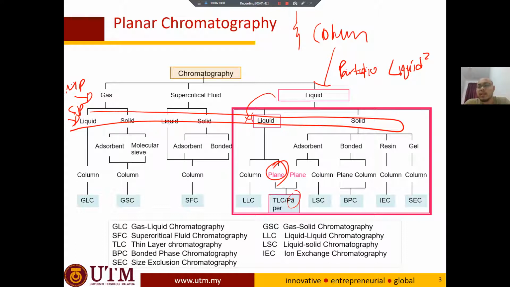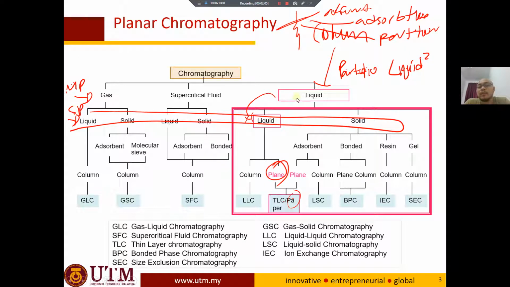In chromatography, if Dr. Faizwan already described, or maybe you are not yet introduced, chromatography can be divided into affinity, adsorption, partition, and a few others, if I'm not mistaken.